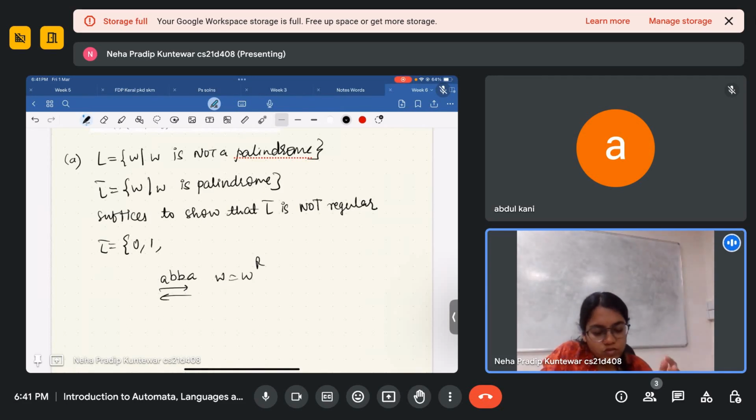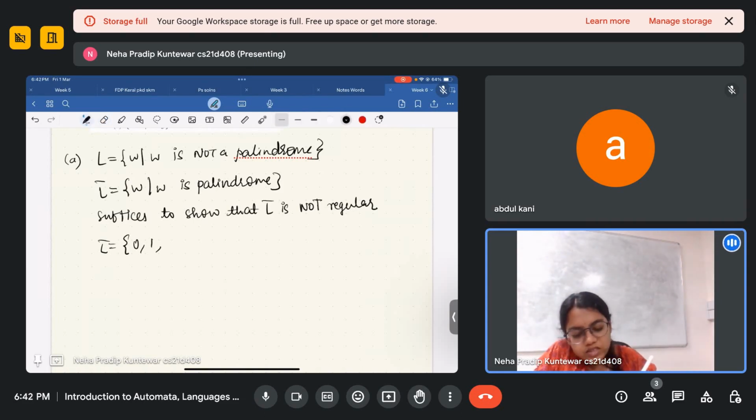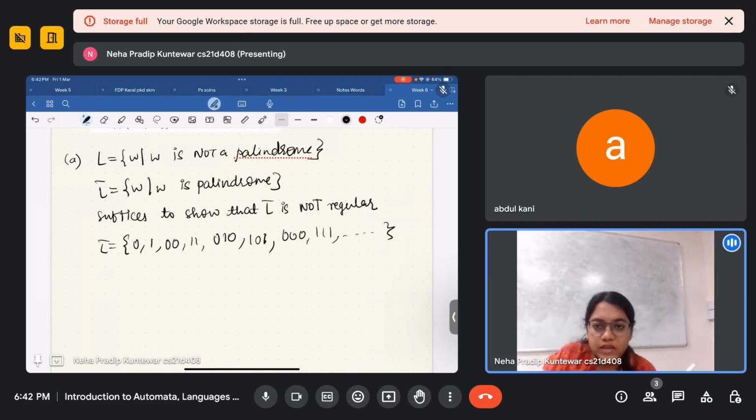If that happens, then the word is a palindrome. So what does L look like? It has 0, 1, 0; 1, 0, 1; 0, 0, 0; 1, 1, 1, and so on. There are infinitely many strings in the language.